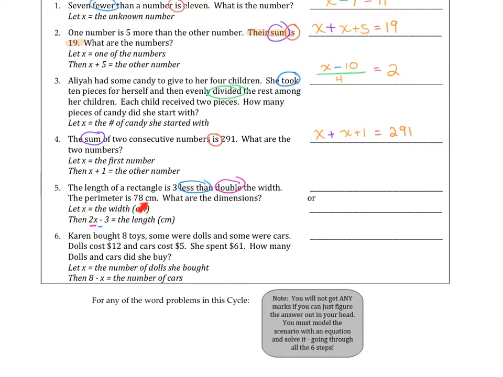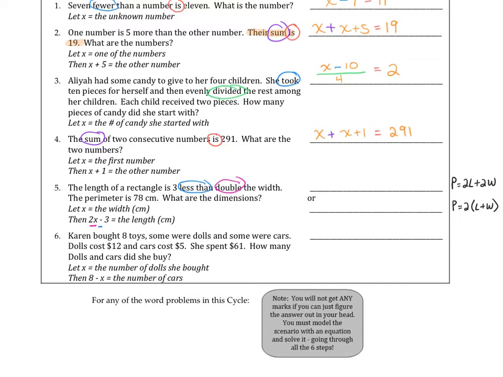Now to get the perimeter, you want to remember that the equation for the perimeter of a rectangle, you can write it as P is equal to 2 times the length plus 2 times the width. Or you can write it as 2 times bracket length plus the width. Either way is fine.